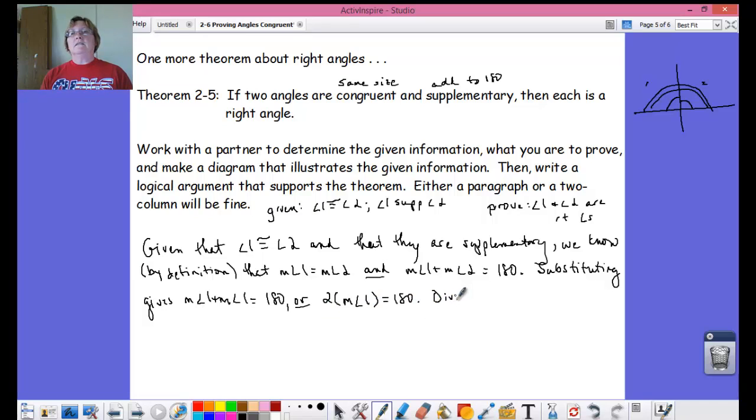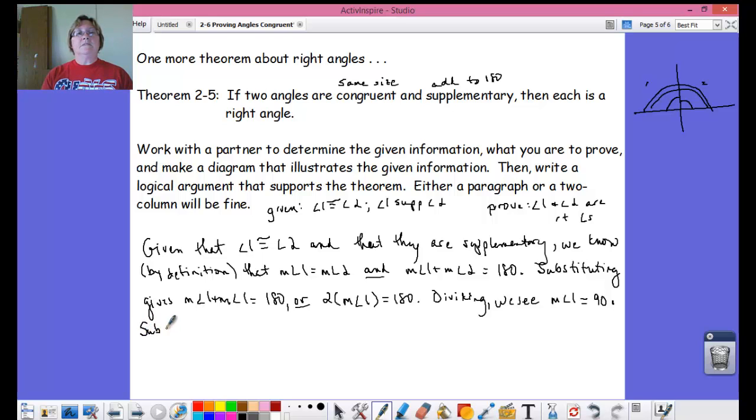Dividing, we see that the measure of angle 1 is equal to, so dividing by 2, measure of angle 1 is equal to 90. Okay? Period.